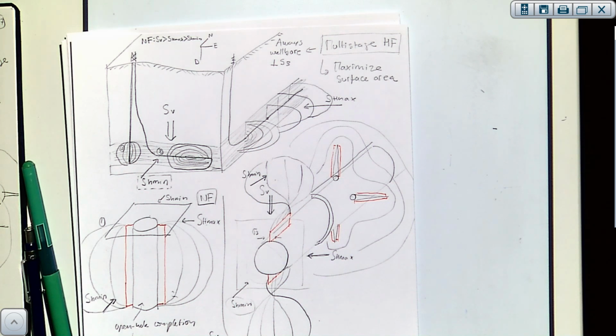In normal faulting and strike slip, horizontal, but in reverse faulting that's not going to work. Your minimum principal stress is vertical. So in some of those cases, if the pay is thick enough, you could do just a vertical well.